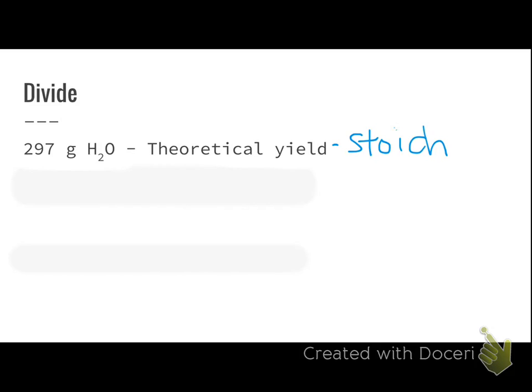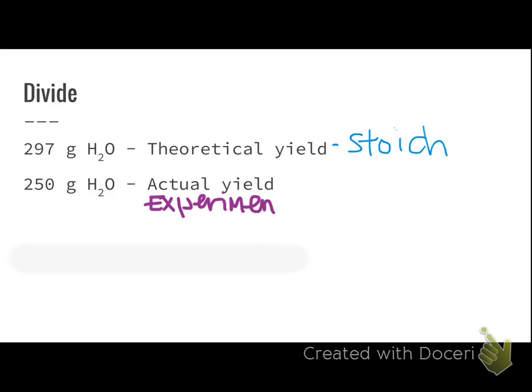So the actual, which comes from the problem, it tells you that we made 250 grams. That's your actual, or experimental. So what you got in your experiment. So you can use those terms interchangeably here.